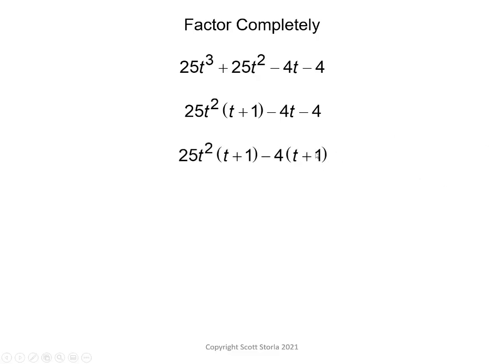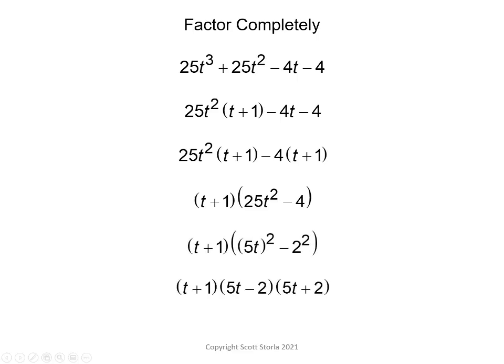Once we factor out the GCF of the quantity t plus 1, our second factor is composite, and it's the difference of two squares. I'll think of this as the quantity 5t squared minus 2 squared, and so it'll factor to 5t minus 2 and 5t plus 2.